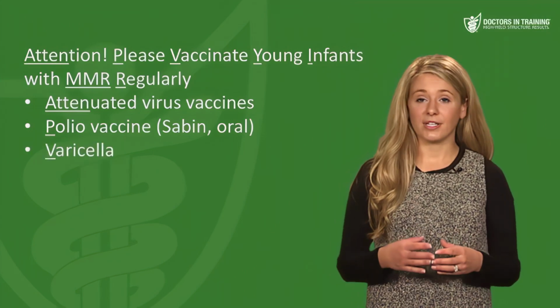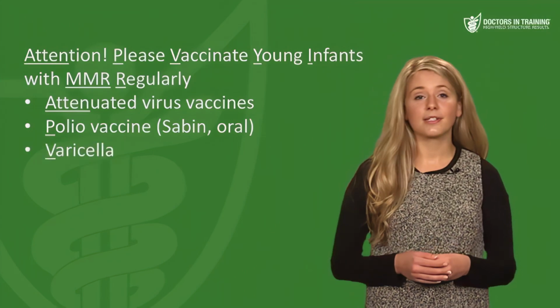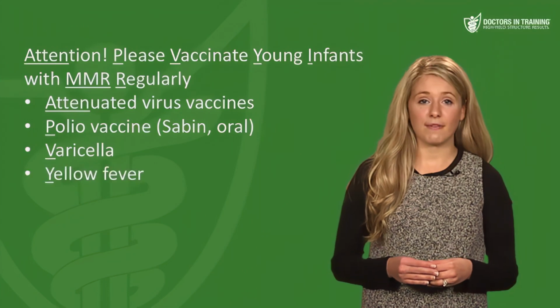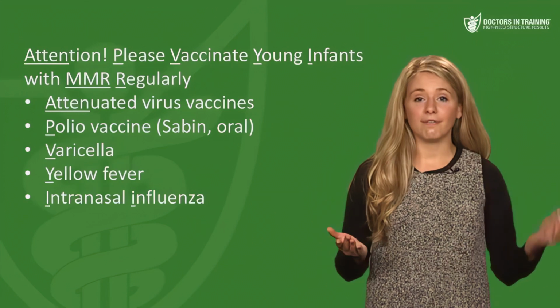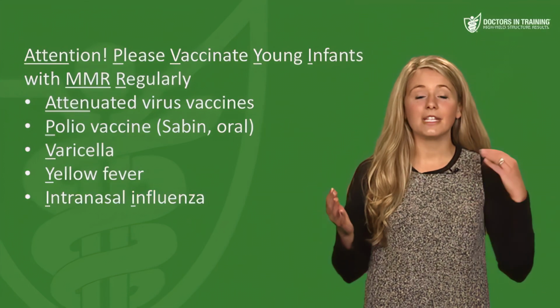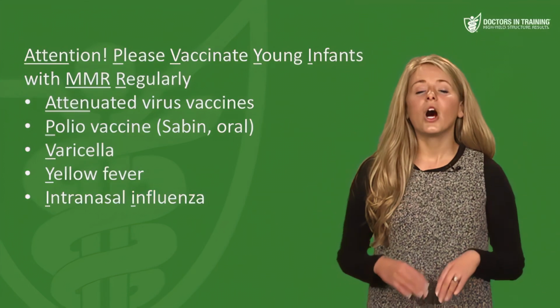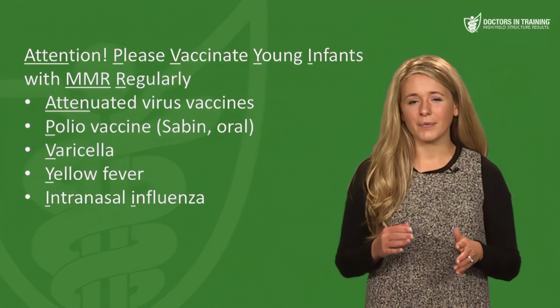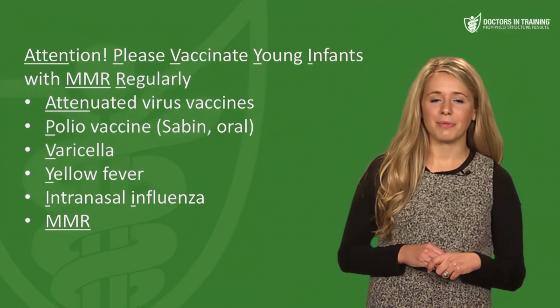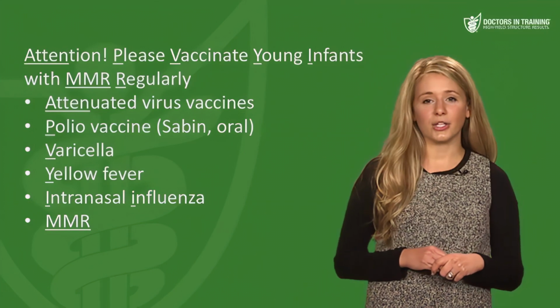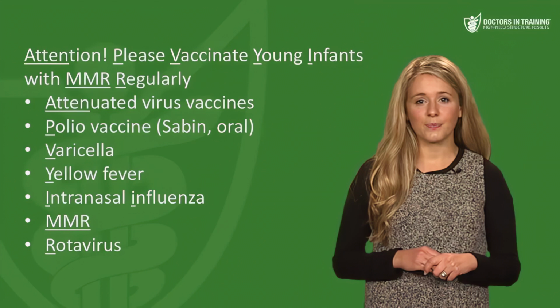The V is for varicella, also known as chickenpox, and the Y is for yellow fever. The I in infants is for intranasal influenza vaccine, although this was recently taken off the market. MMR is for MMR, measles, mumps, and rubella, and the R in regularly is for rotavirus.